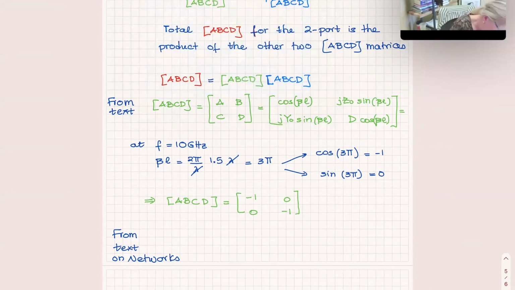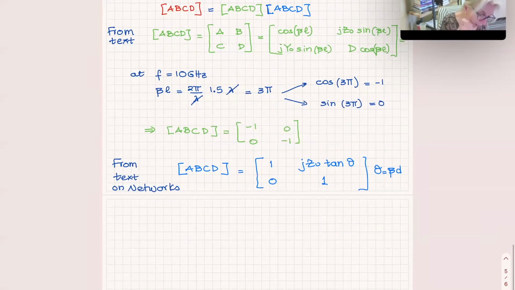We know that ABCD for a series short-circuited stub, let me make sure that I'm correct, is equal to 1, j Z naught tangent theta, where theta is beta D, and 0 here, and then 1 here.